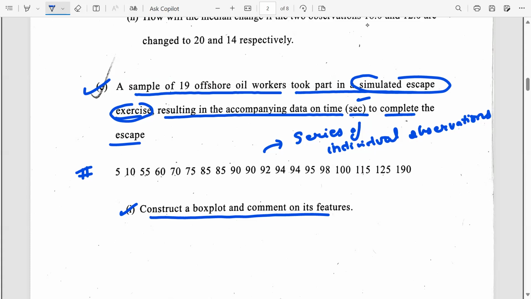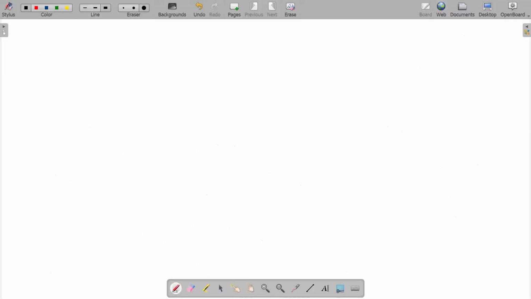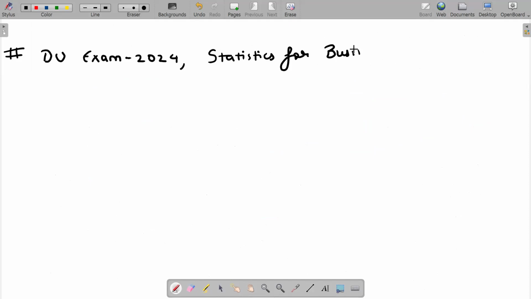So I am just writing the main heading for completeness. We are looking at Delhi University exam 2024. Name of the course is Statistics for Business Economics, Part 1.